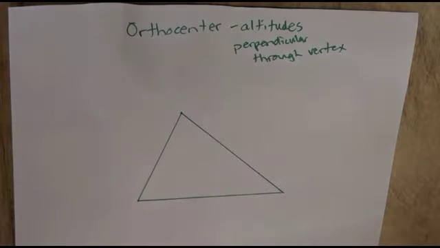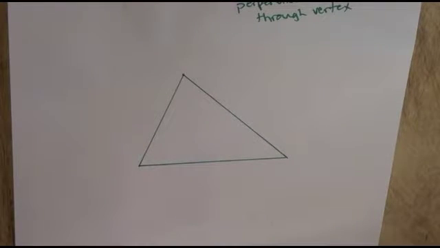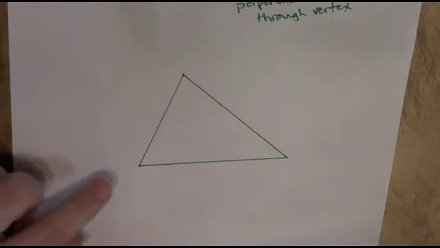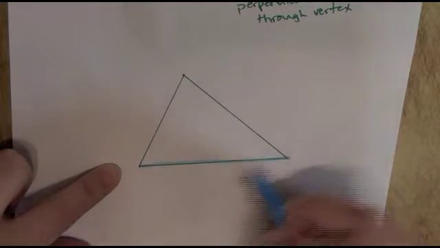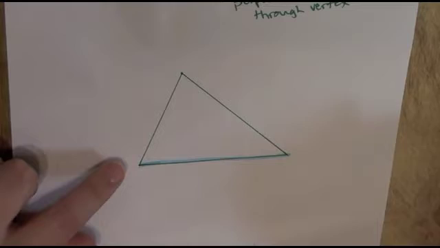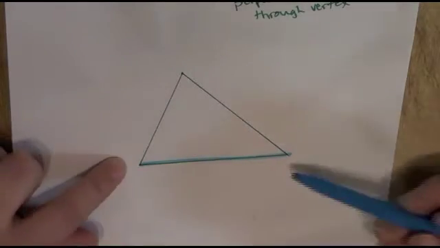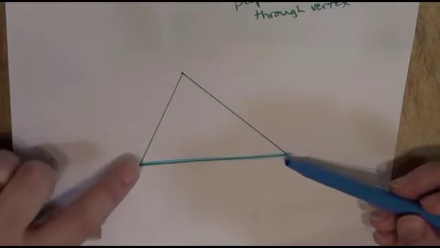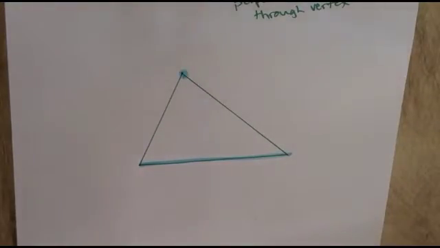Because for this picture, we actually have a 3 that we have to worry about. So my first thought here is that when you have 3 sides of the triangle, it becomes a little complicated to see what's what. So what we're going to do is we're actually just going to focus on the bottom side of the triangle, down here, and the vertex that is not part of this side, which is up here.